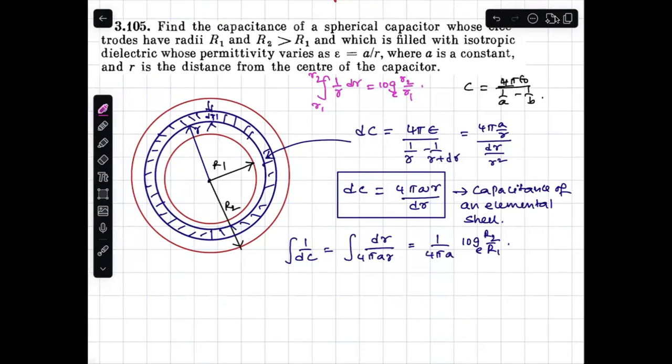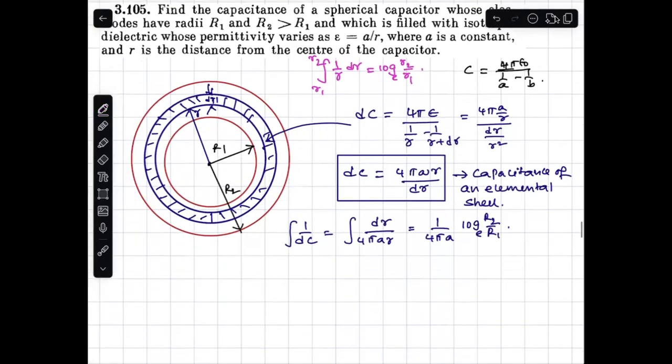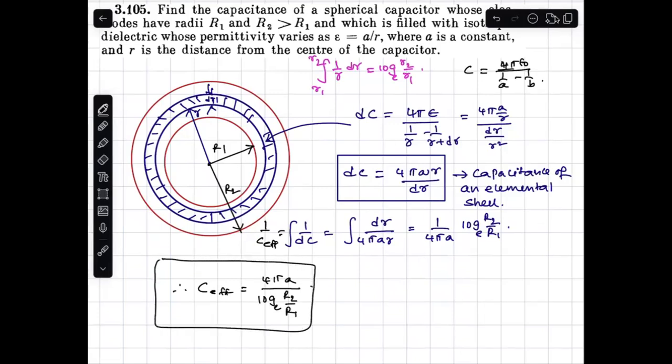By the way, what is your question? Don't forget that. What is the capacity? In fact, this is C effective. So the effective capacitance of this arrangement is 4 pi A by log e r2 by r1.